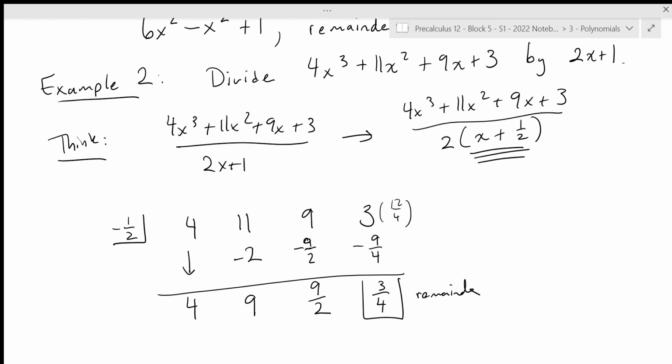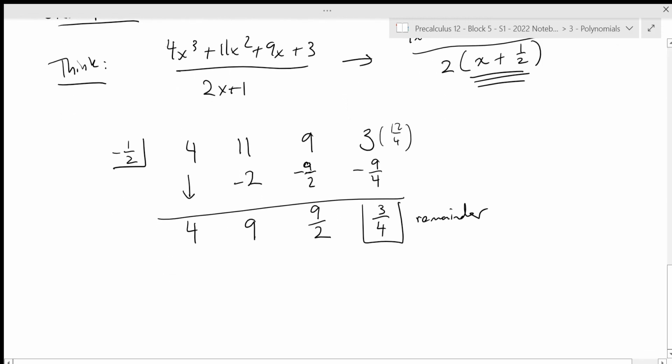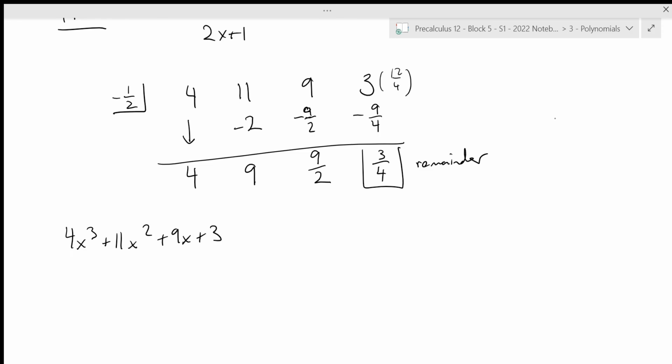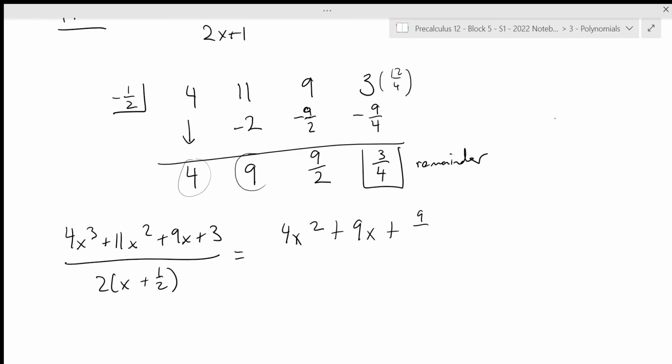And then these are my coefficients. So now what I have is 4x cubed plus 11x squared plus 9x plus 3 over 2 times x plus 1/2 is equal to 4x squared, that's my coefficient of the x squared from here, plus 9x, that 9 comes from here, plus 9/2, that comes from here.